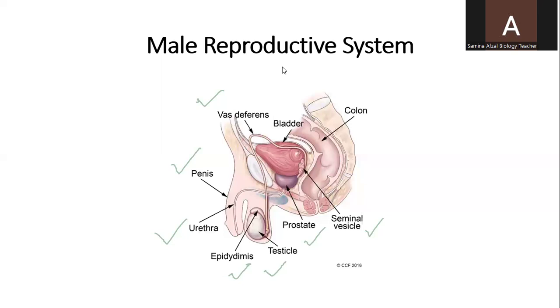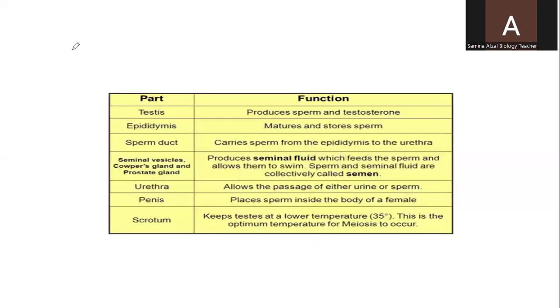The different functions of these parts are: the testis produces sperms and testosterone. Testosterone is a male hormone. The epididymis stores the sperms when they are matured, and the sperm ducts carry them from the epididymis to the urethra, and then from the urethra they are released out of the body.